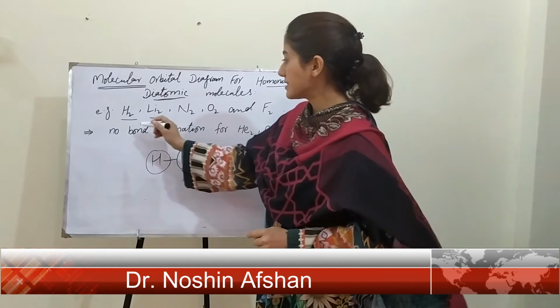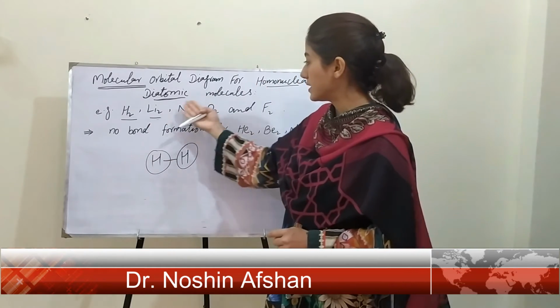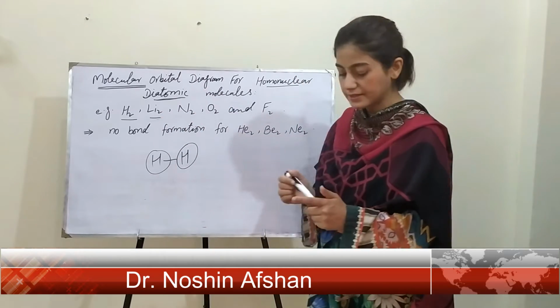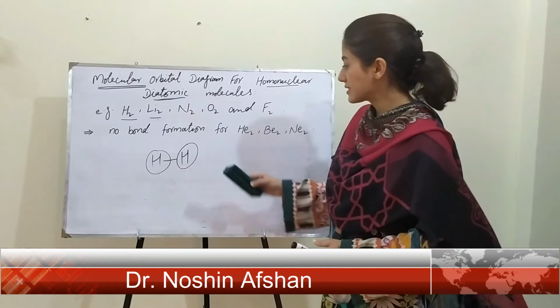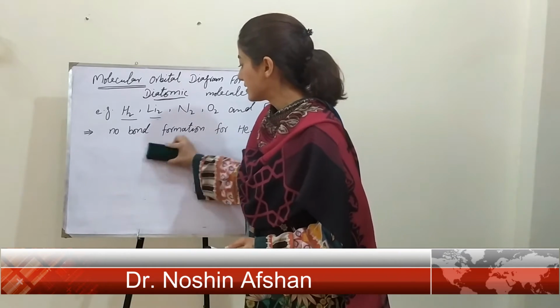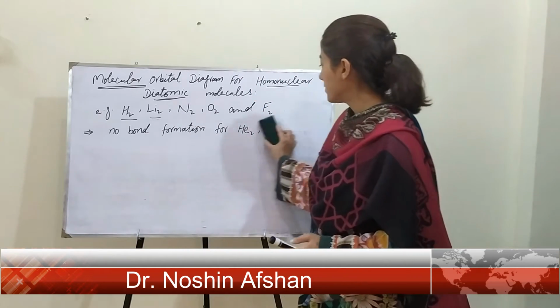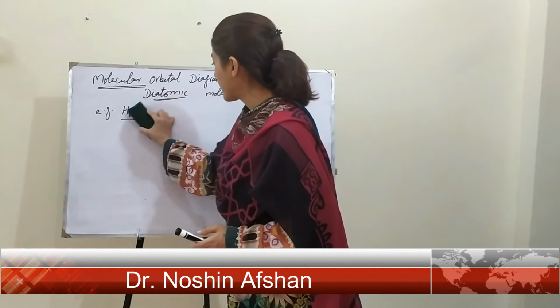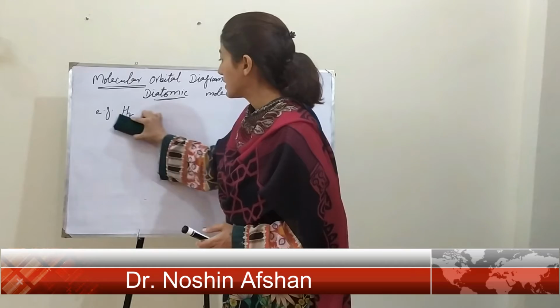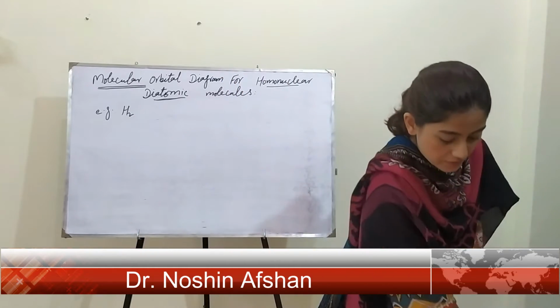So for these two reasons, these are called homonuclear diatomic molecules, and we will discuss here their molecular orbital representation, how these can be explained with the help of molecular orbital theory.